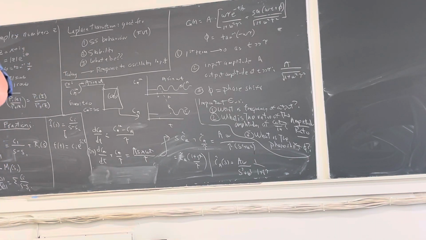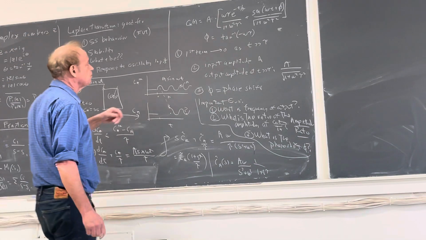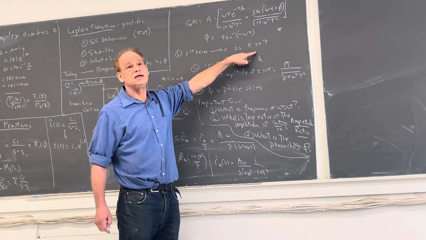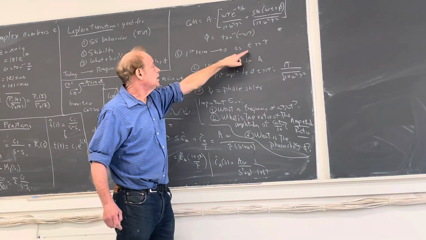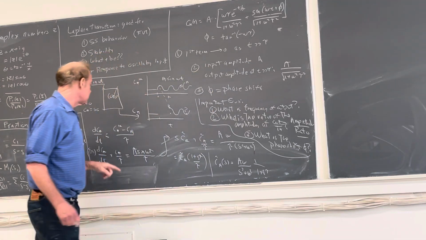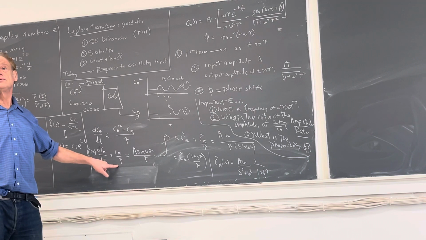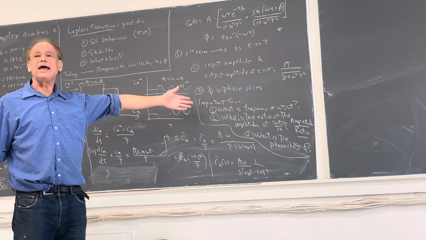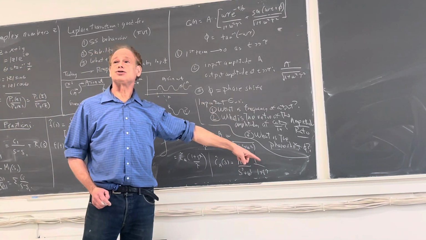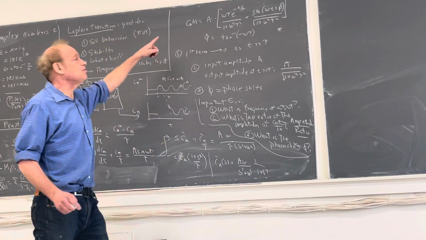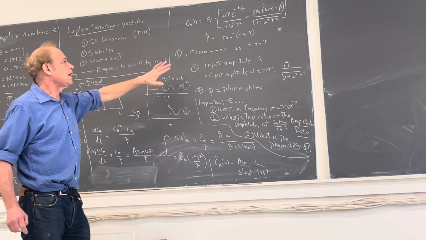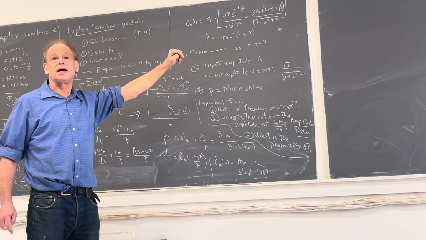Now, of course, that's under the caveat that I'm looking at long times, where t is much greater than the time constant of the system. Here the time constant is tau, but in general the time constant can be capital T if we have reactions. But I claim we're going to be able to answer all of these questions without inverting the Laplace transform, not just for this simple case, but for any case.